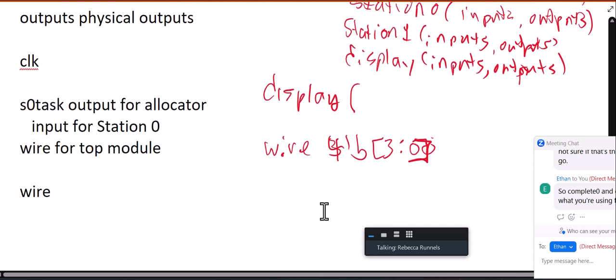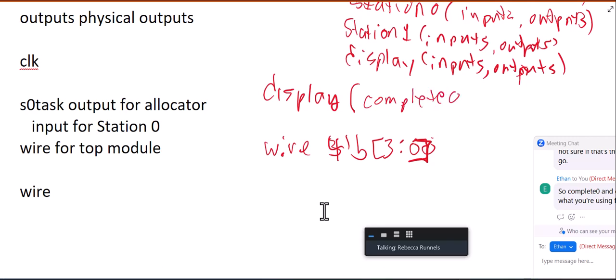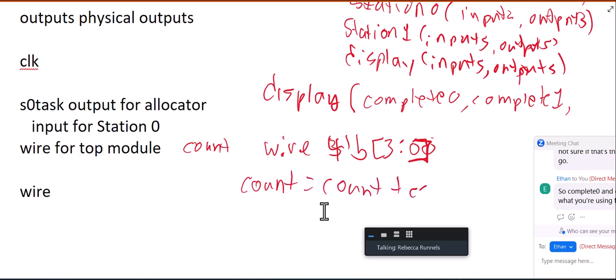Then I have inputs for display. My complete 0 and complete 1 are inputs, and I called it count. All I did was say count equals count plus complete 0 plus complete 1, on the always at positive edge clock.